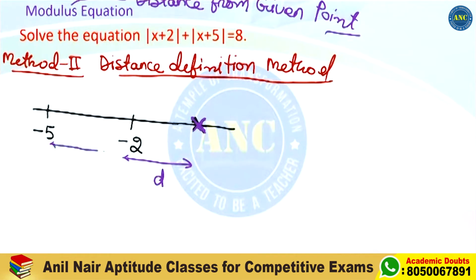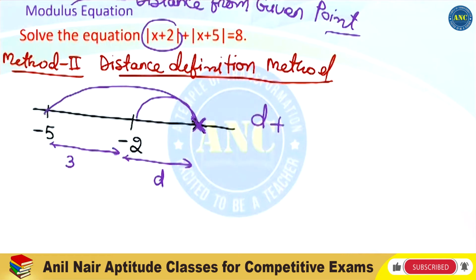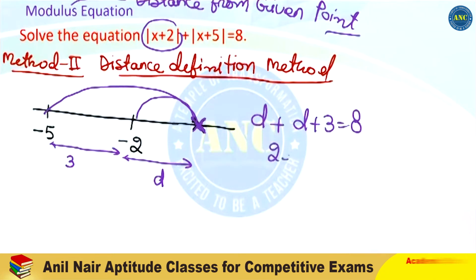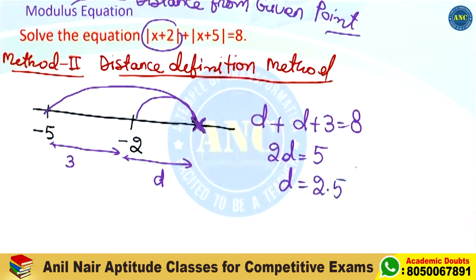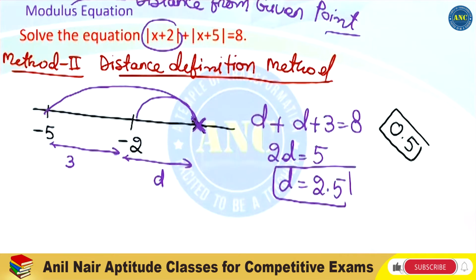Minus 5 to minus 2, the distance is 3. |x + 2|, from here to here, the distance is d. |x + 5|, from here to here, it is d + 3. So d + d + 3 = 8, 2d = 5, d = 2.5. So there exists a point 2.5 units to the right side of minus 2, which is nothing but 0.5. One value, it is 0.5.